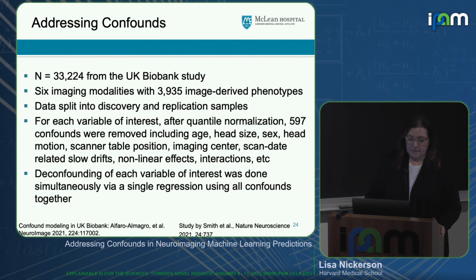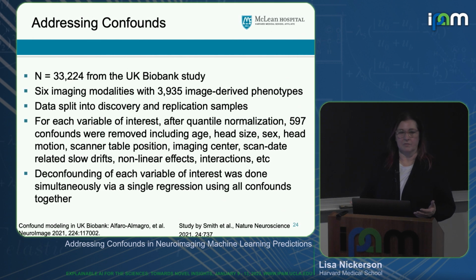They split the data into discovery and replication samples, and then separately for each variable of interest in the discovery sample, they did quantile normalization, and then they did denoising of almost 600 different confounds. So lots of confounds. Again, remember, with such large sample sizes, you're just sensitive to everything.